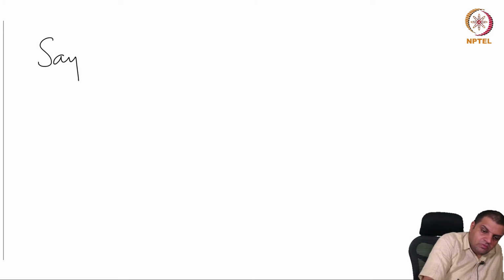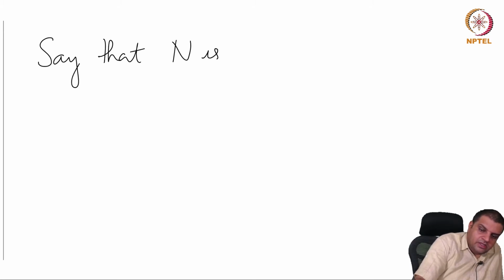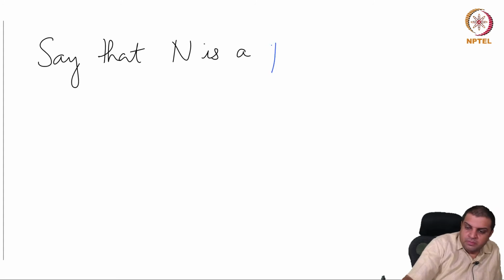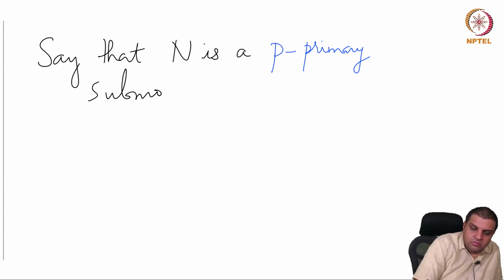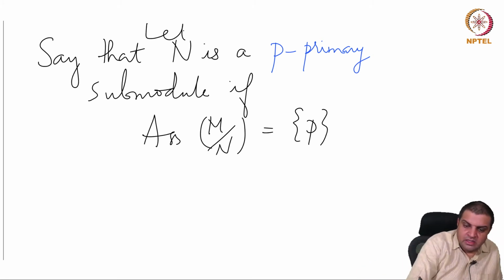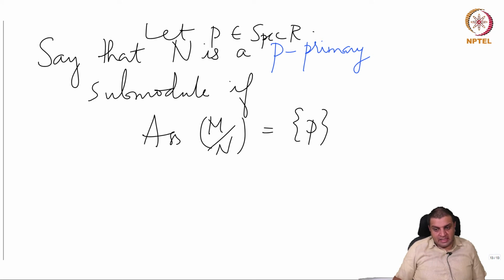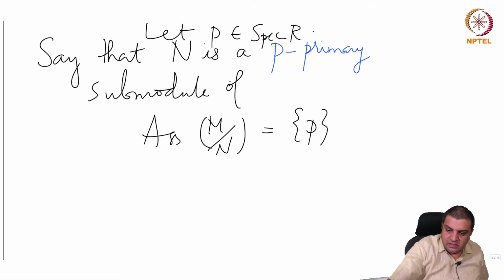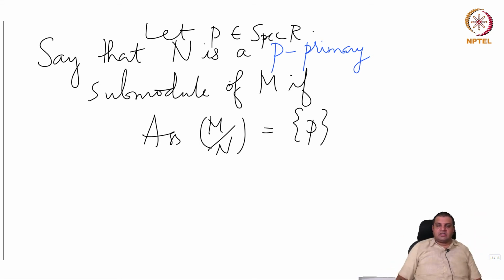Say that N is a P-primary submodule if the associated primes of M mod N is the singleton P. So here, let P be a prime ideal of R. Say that N is a P-primary submodule of M if the associated primes of M mod N is, let's just be precise here, a singleton P. Okay.